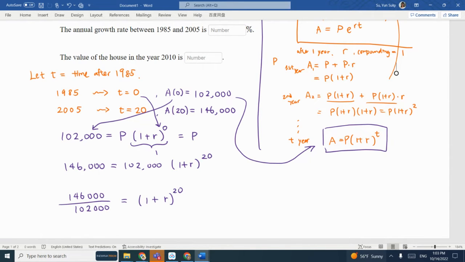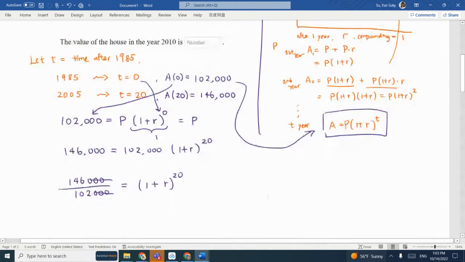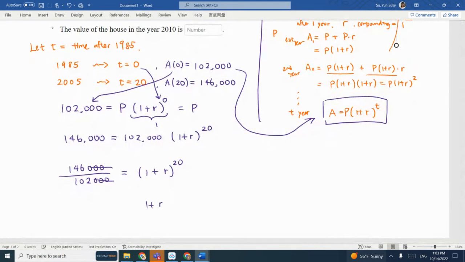Do you see the 1,000s cancel? So 146 over 102 equals 1 plus R to the 20.